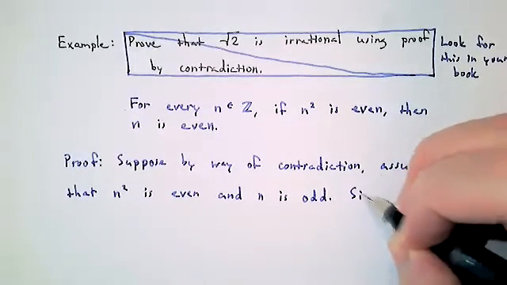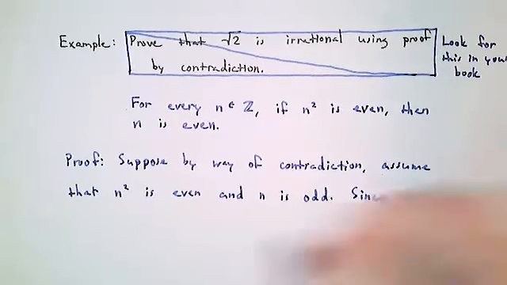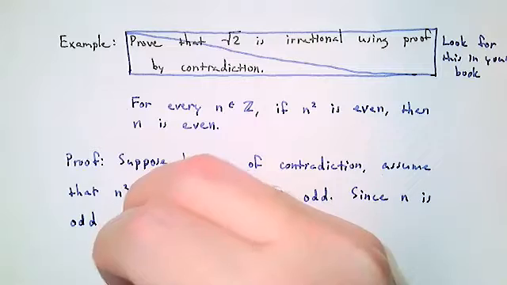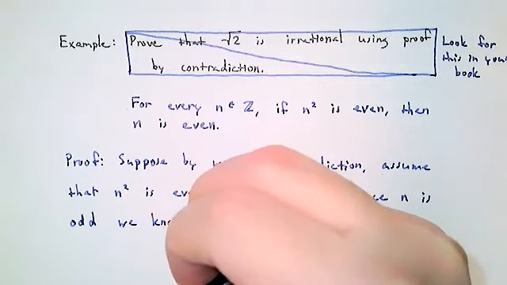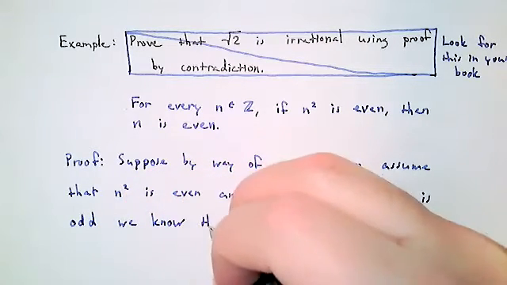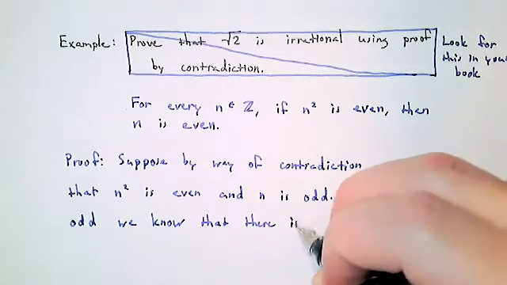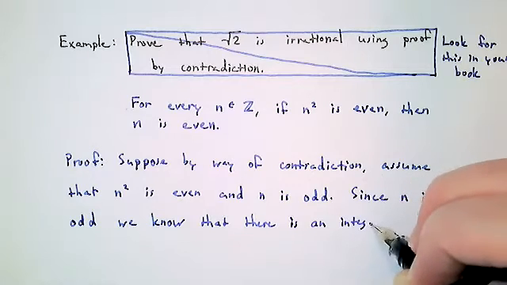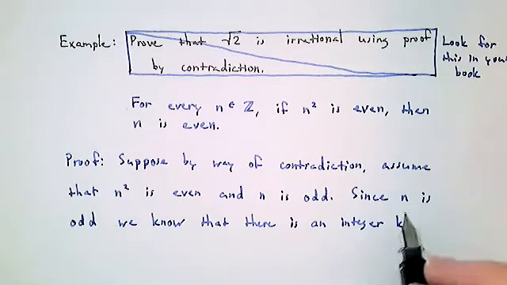So since n is odd, we know that there's an integer k where n is equal to 2k plus 1.